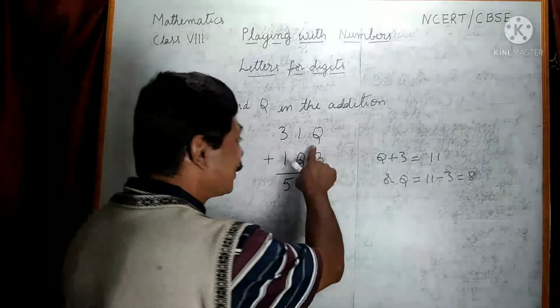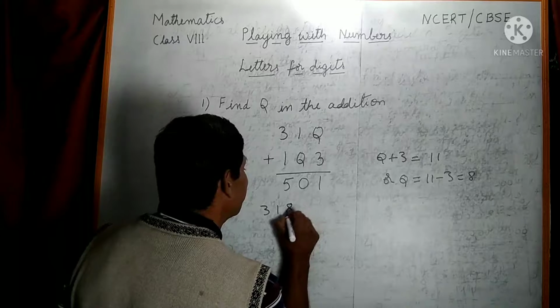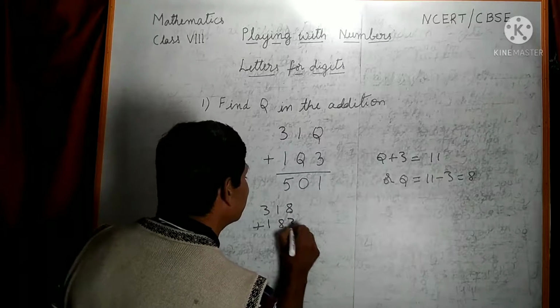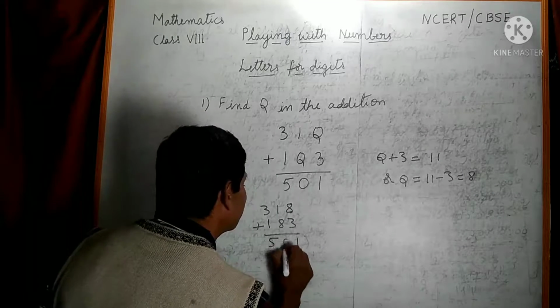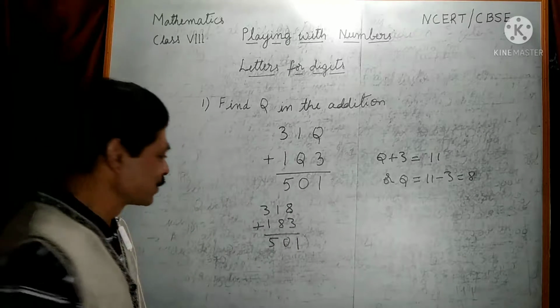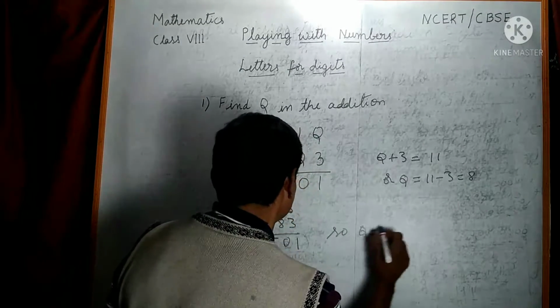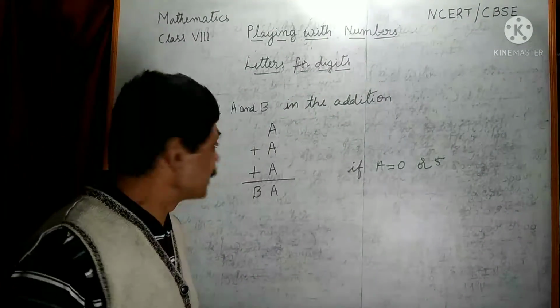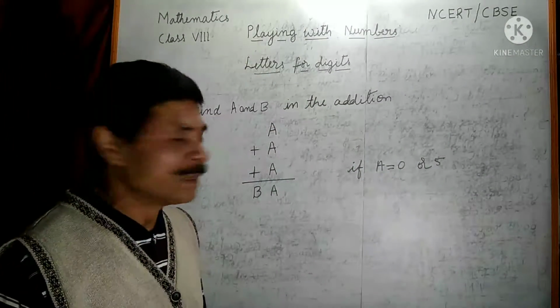Let us substitute the value of Q: 318 plus 183 is equal to 501. So Q is equal to 8.